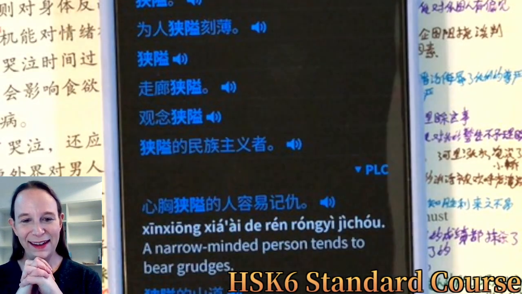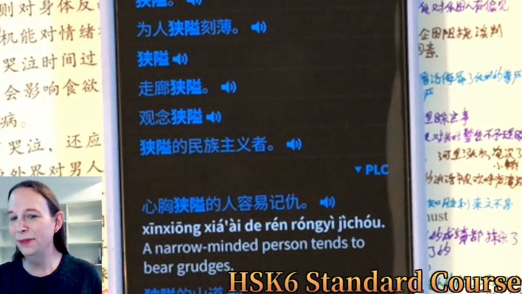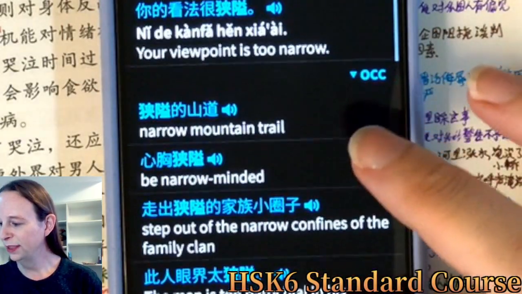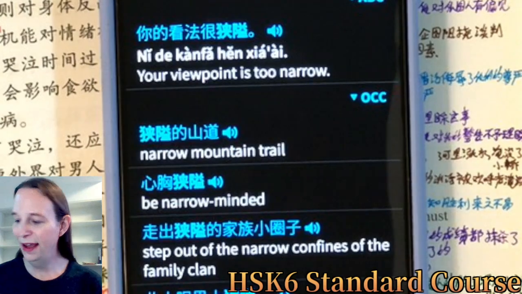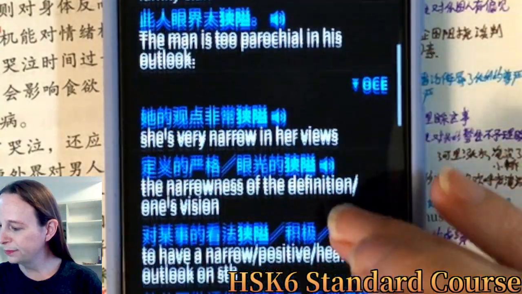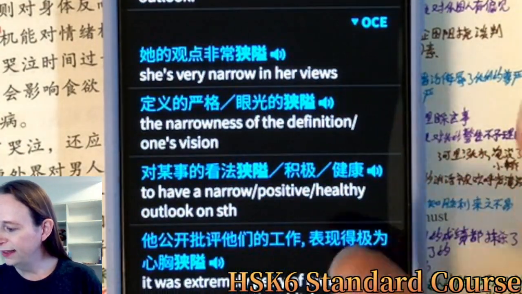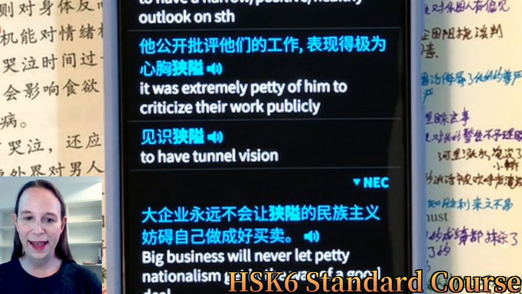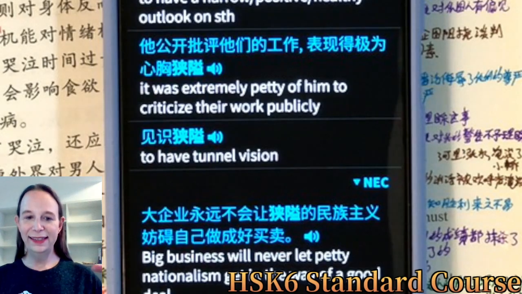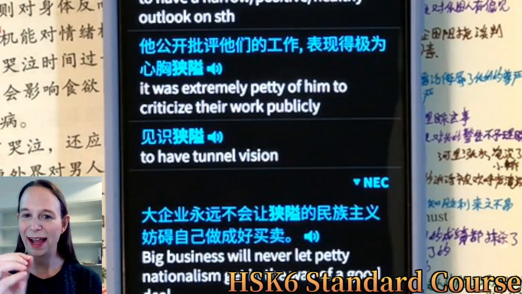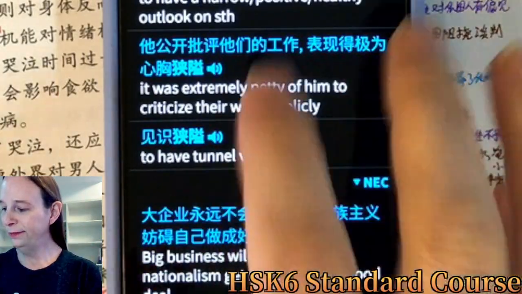But would you say that their point of view is narrow? I wouldn't say that. Your viewpoint is too narrow. Yeah, I could say that. 看法很狭隘. 他的观点, yeah. So most of the time it's used to criticize someone: they haven't taken in all the evidence, they only consider one point of view, this sort of thing.